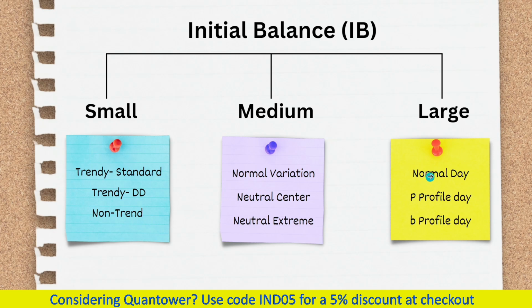Normal day they have divided into P profile and B profile, then altogether they become three types. And normal variation and neutral day again give two varieties as different profiles, then that comes to six: normal variation, neutral center, neutral extreme. And in small they will keep trendy standard, trendy double distribution, and non-trend. If you see it this way, it is 9 variations.